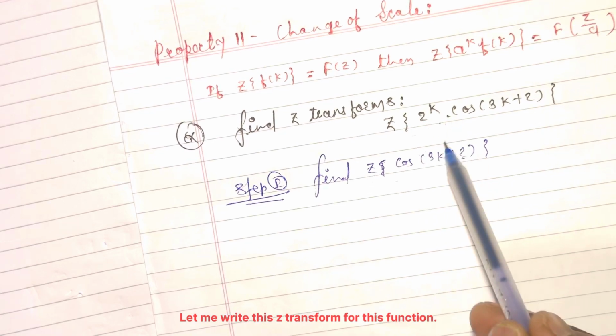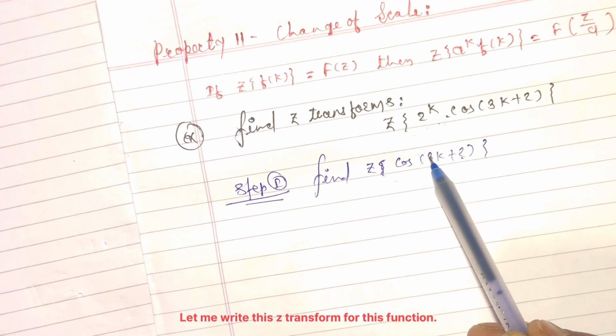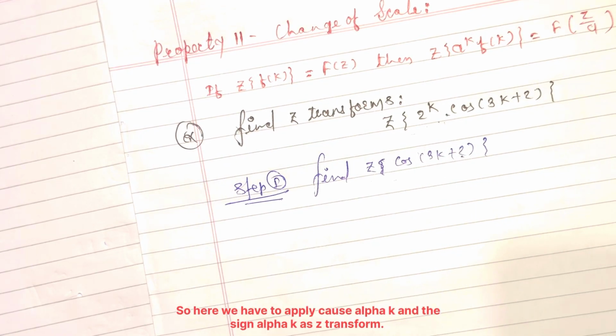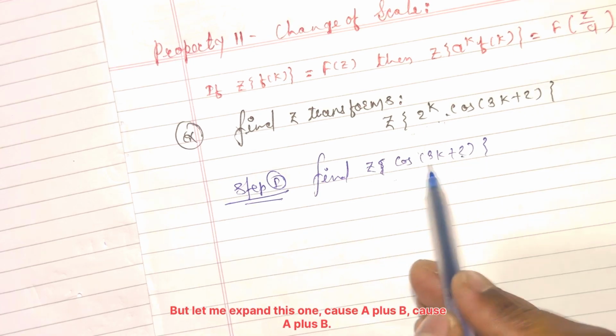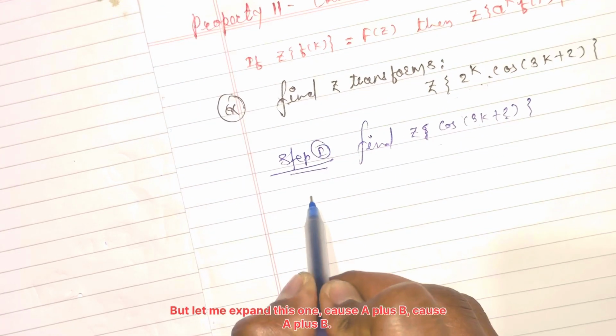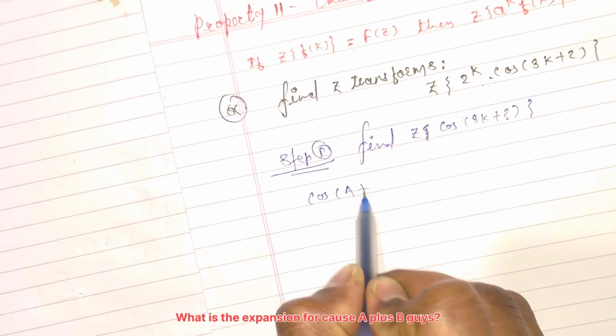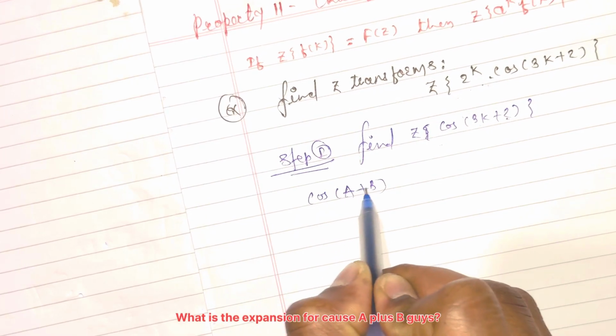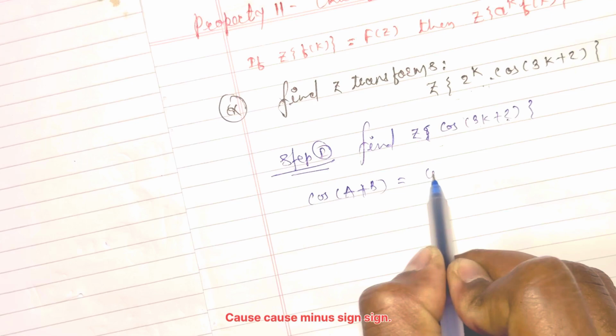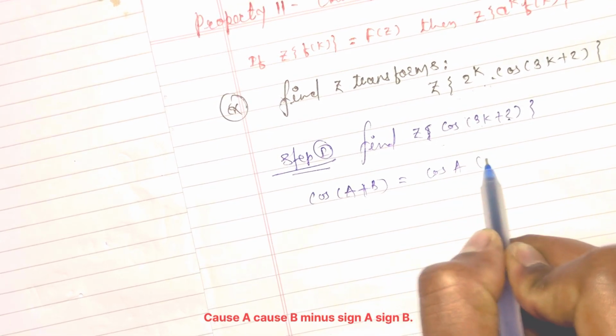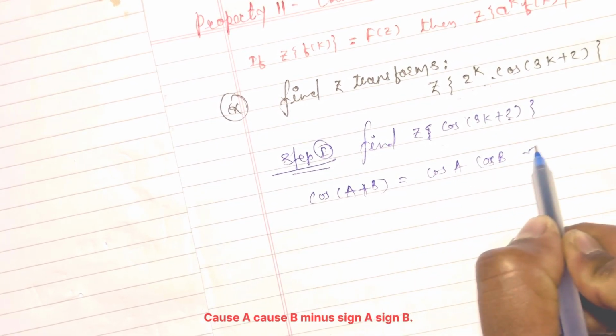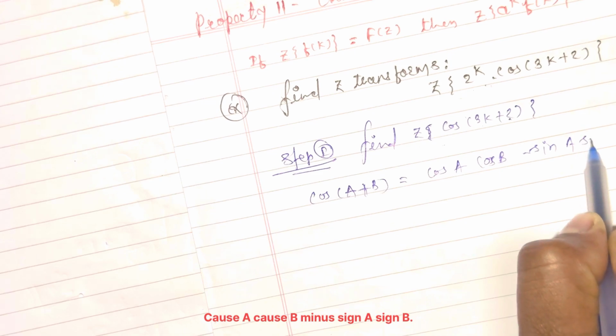Let me write the Z transform for this function. Here we apply the Z transforms of cos alpha k and sin alpha k, but first let me expand cos of a plus b. The expansion for cos of a plus b is cos a cos b minus sin a sin b.